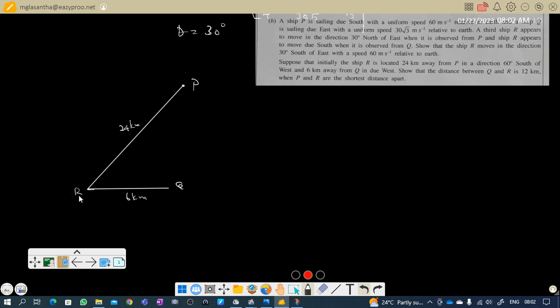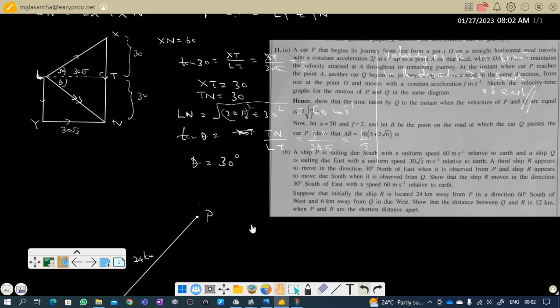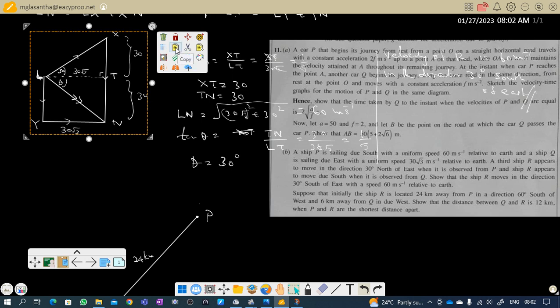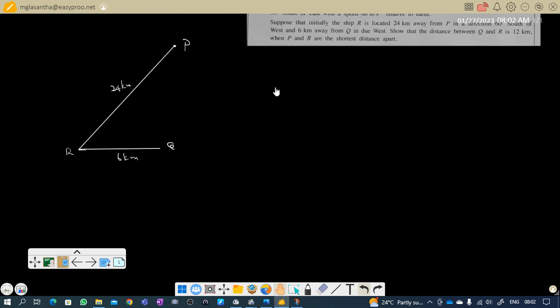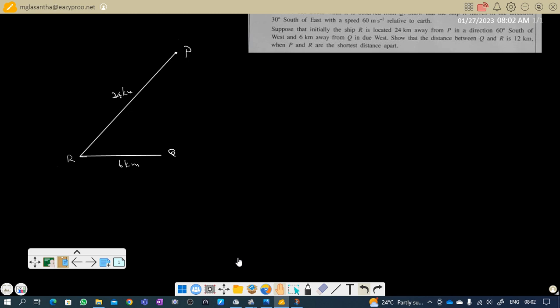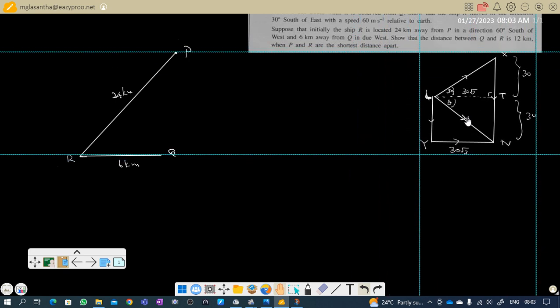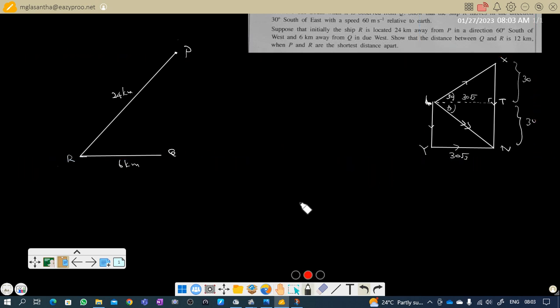Velocity of R relative to Q. So this is the velocity triangle.